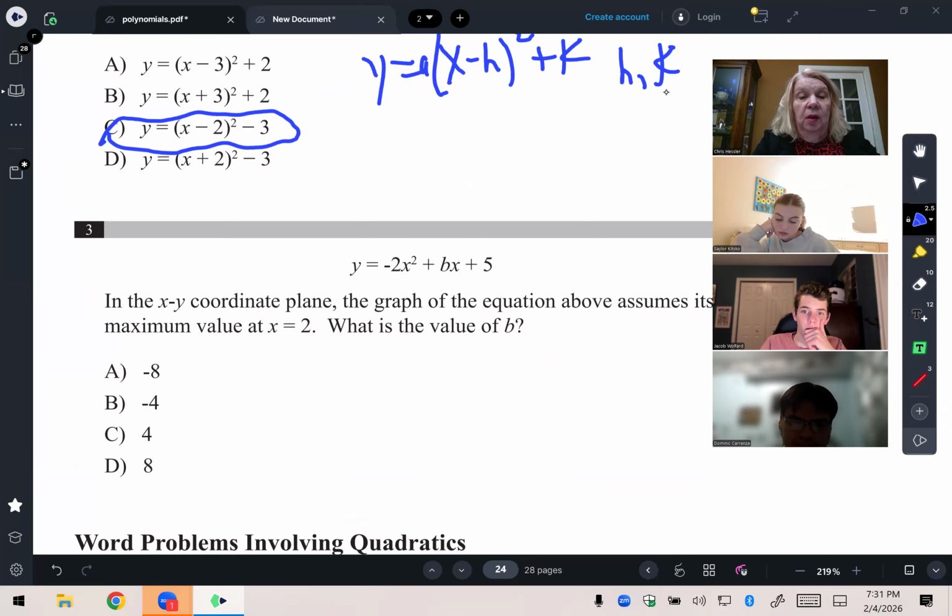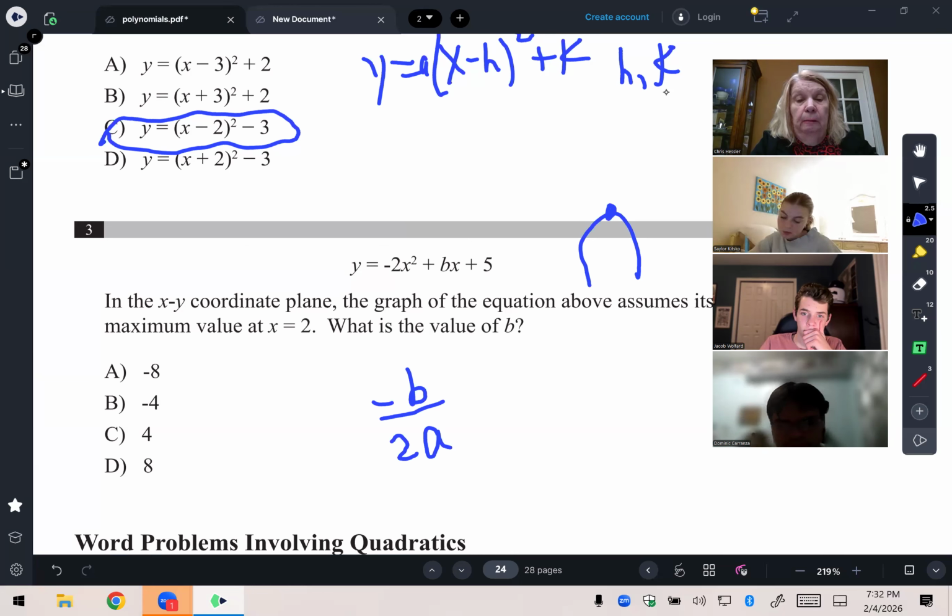In the xy coordinate plane, the graph of the following assumes its maximum value, so it's going to have a max. So that happens at negative b over 2a. Negative b over 2a is our vertex. We could graph it, obviously, but we don't have b, so it would be hard to graph it then. But we know we have negative b over 2a equals 2.